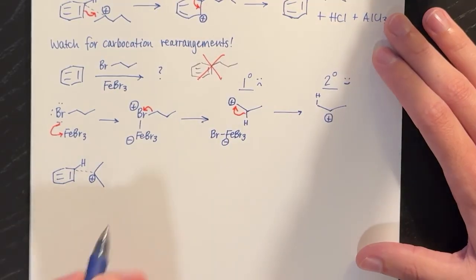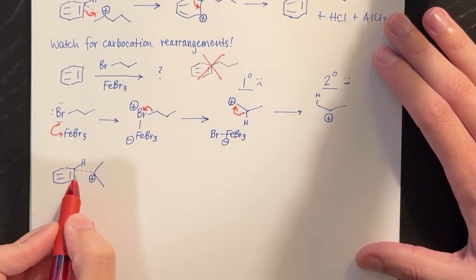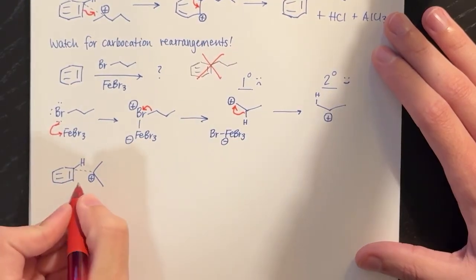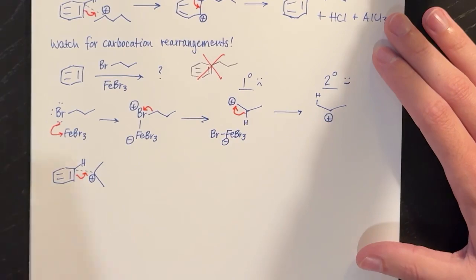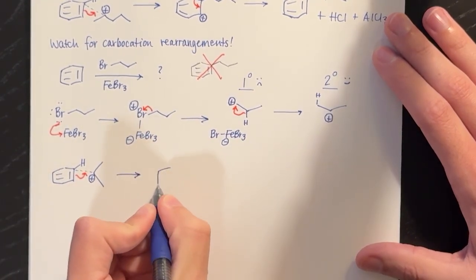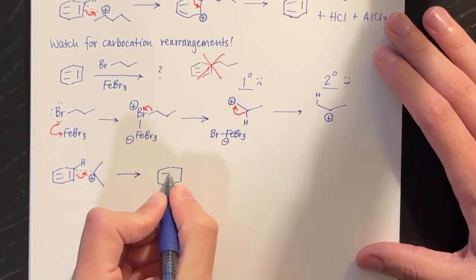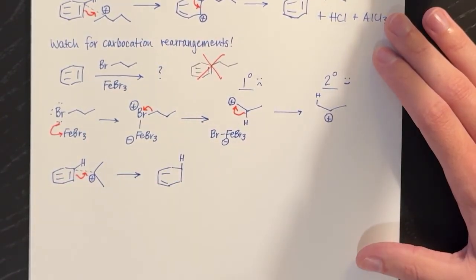I knew all this talking was going to get to me. All right. So we form a bond between these two carbon atoms. Go like that. Here's our arenium ion intermediate.